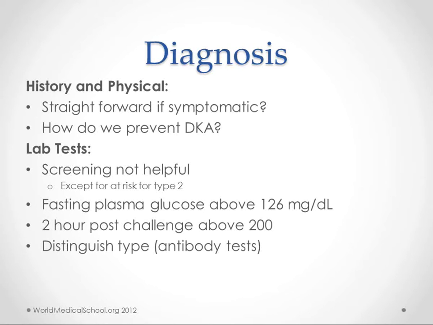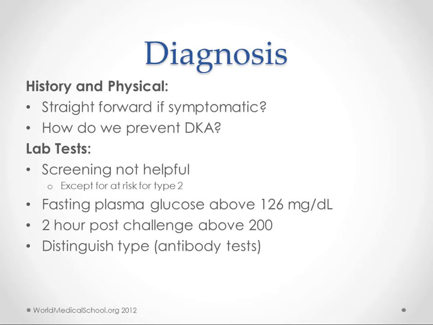Then we can say, okay, this person is likely to develop diabetes, but there's a lot of people with autoantibodies that don't develop diabetes. So the screening is not helpful except for kids who are at risk for type 2 diabetes. And we'll talk about what those risk factors are in just a second.